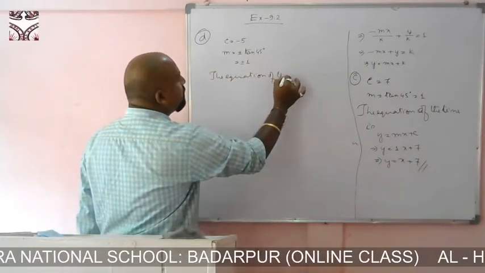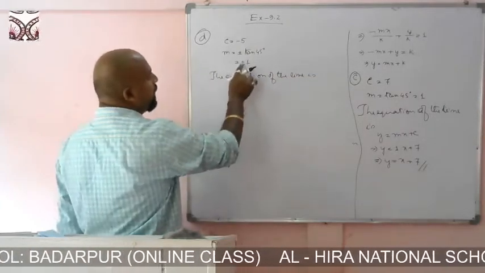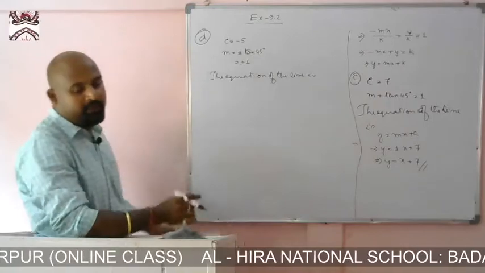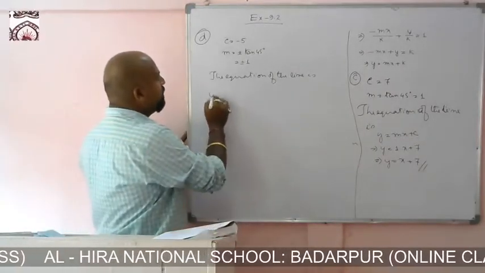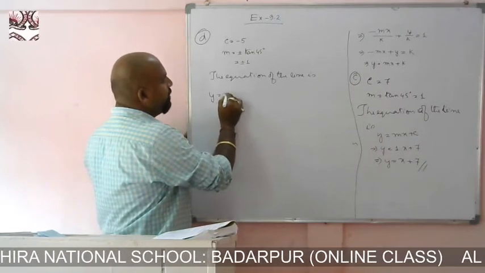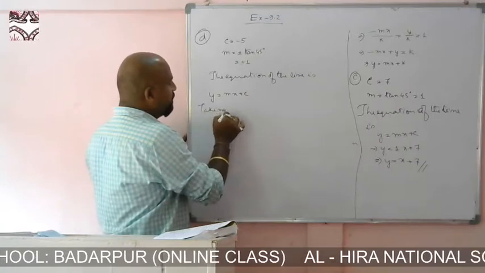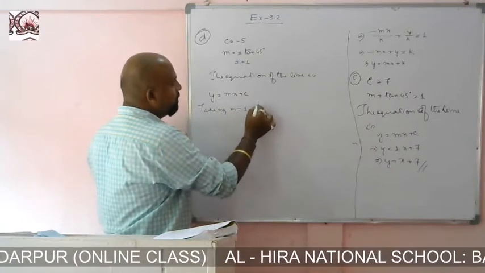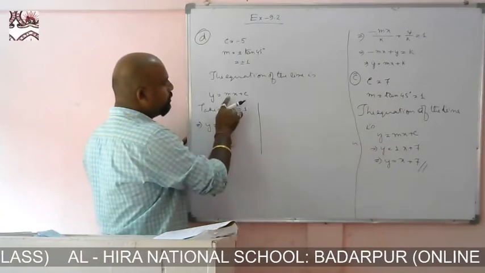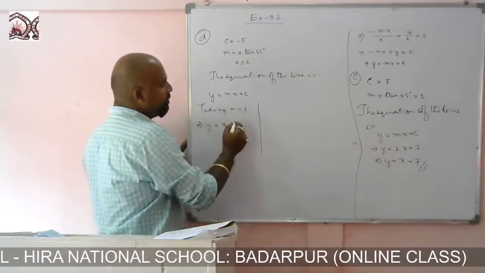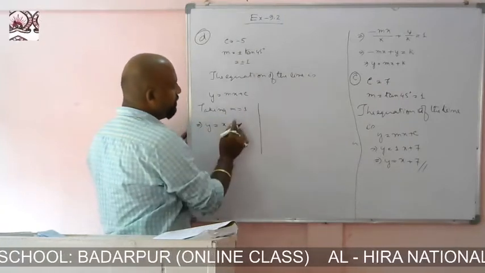The equation of the line: there will be two equations, one when m is taken as positive and another when m is taken as negative. Now y equals mx plus c. Taking m equal to plus 1, we get y equals 1 into x plus c, where c equals minus 5.